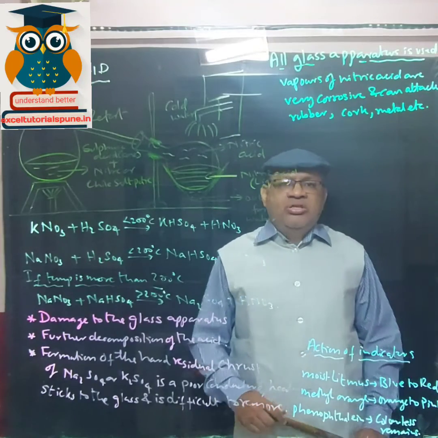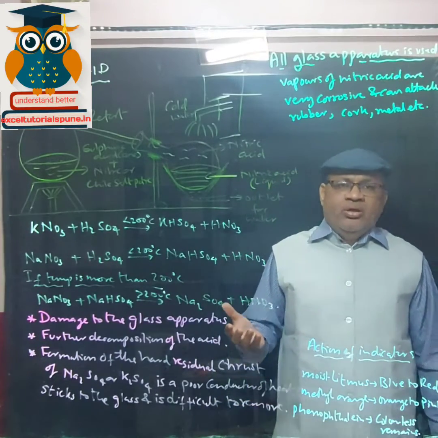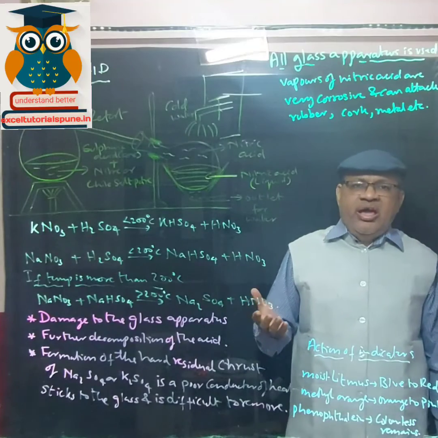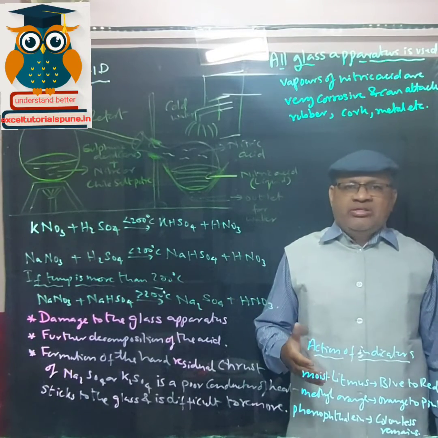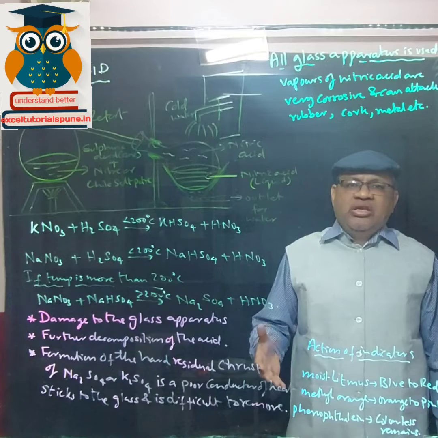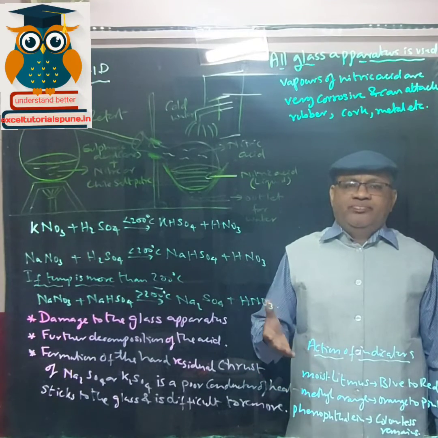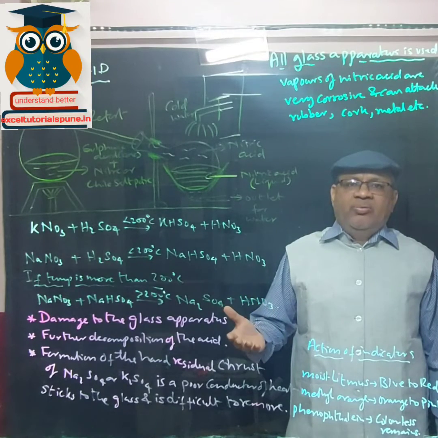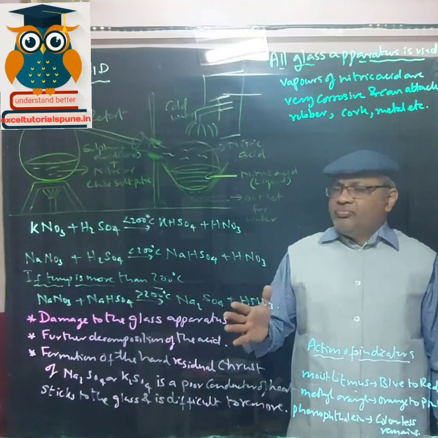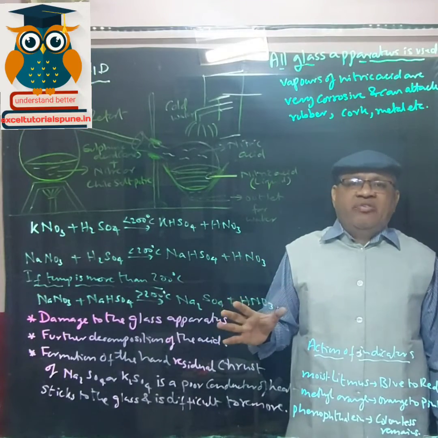Now since it is an acid, it has all the acidic properties. That means it is sour to taste, it is heavier than air, and it is a very reactive acid.